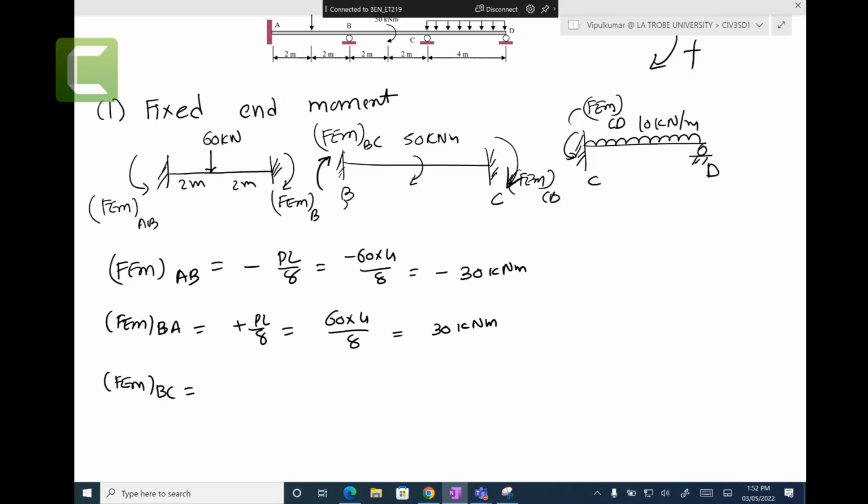So our theory is saying that we don't need the 60 kilonewtons on the members, so we don't need these 50 kilonewtons on the members. Right? That's what the theory says. So if the 50 kilonewtons is here, some will go here, some will go here, and they become anti-clockwise.